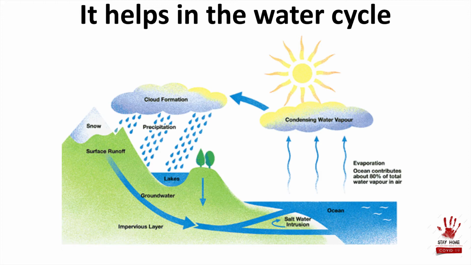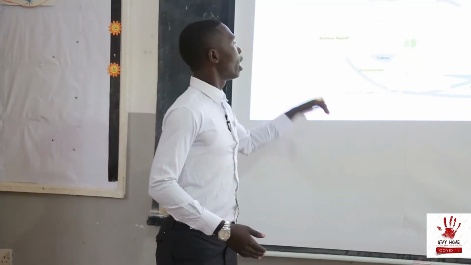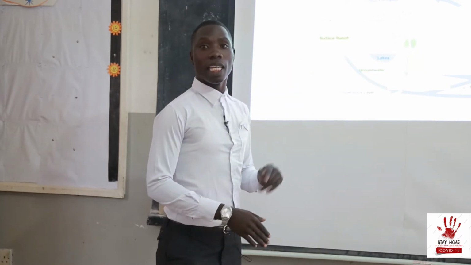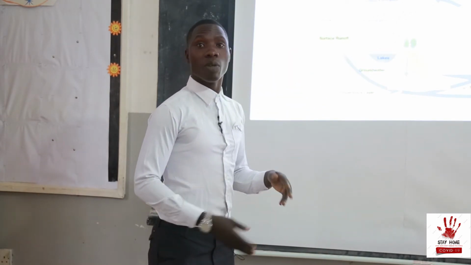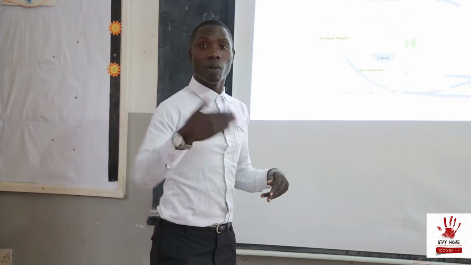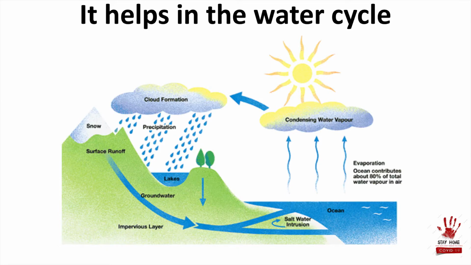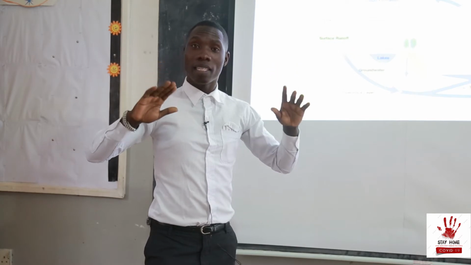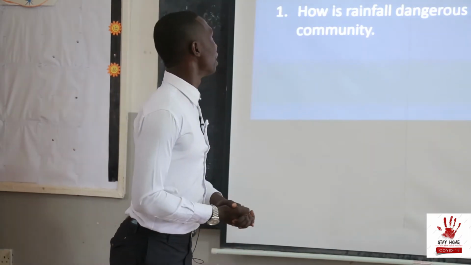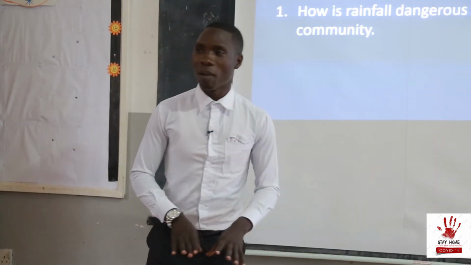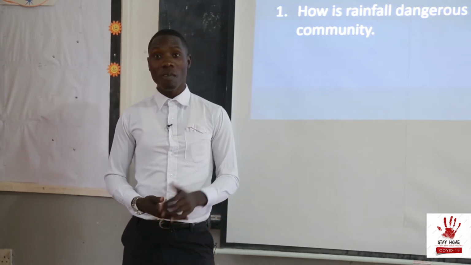So the rainfall that is received will help to increase the water levels in the water bodies, and when they are heated, they help in the process of evaporation. Also, when it rains, plants grow well, and these plants help in rain formation through the process known as transpiration. Let's see another point. Those are some of the uses of rainfall.